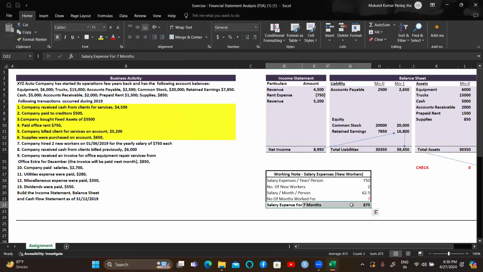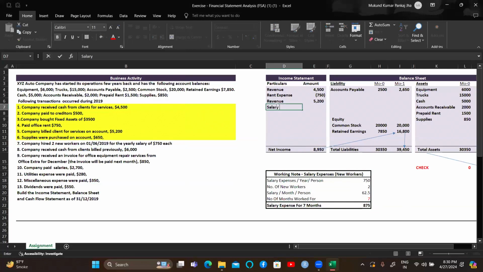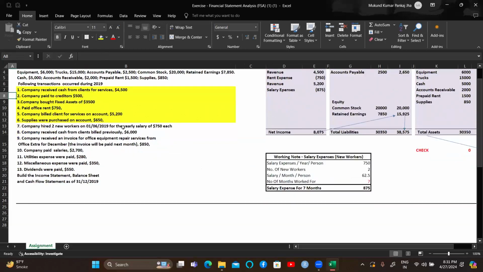Okay. Next, salary expenses 875. Salaries, whether it has been paid or not, let's see later.